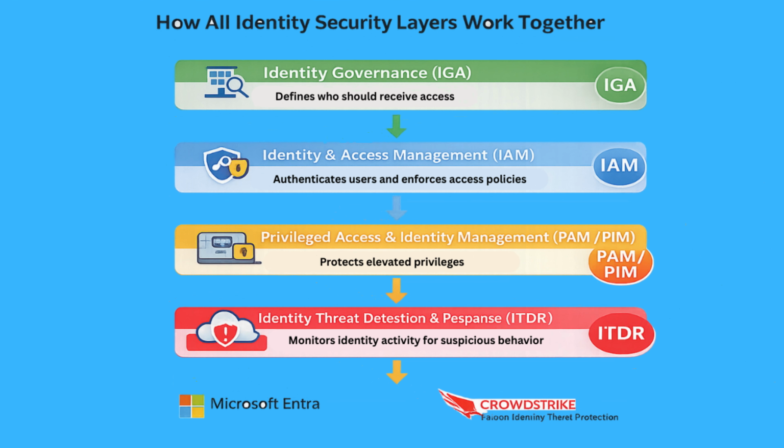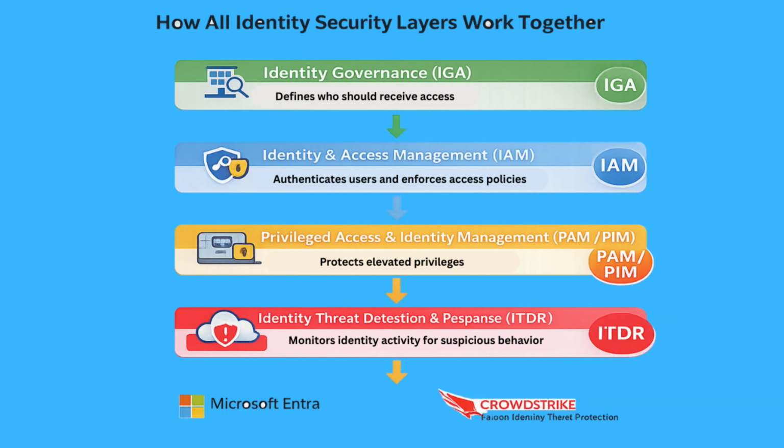How all identity security layers work together. To understand modern identity security, it is important to see how these components work together. The identity security stack typically follows this architecture. First, identity governance defines who should receive access. Next, the Identity and Access Management platform authenticates users and enforces access policies.